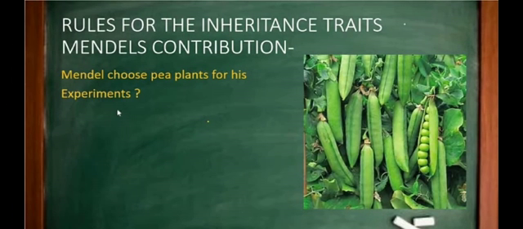Now comes the rules for the inheritance of traits, Mendel's contribution. Mendel chose pea plants for his experiments. The rules for inheritance of such traits in human beings are related to the fact that both the father and the mother contribute practically equal amounts of genetic material to the child.